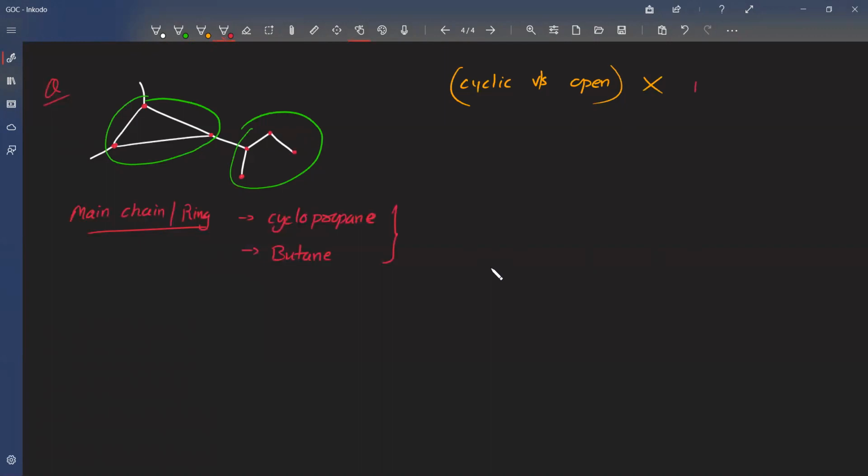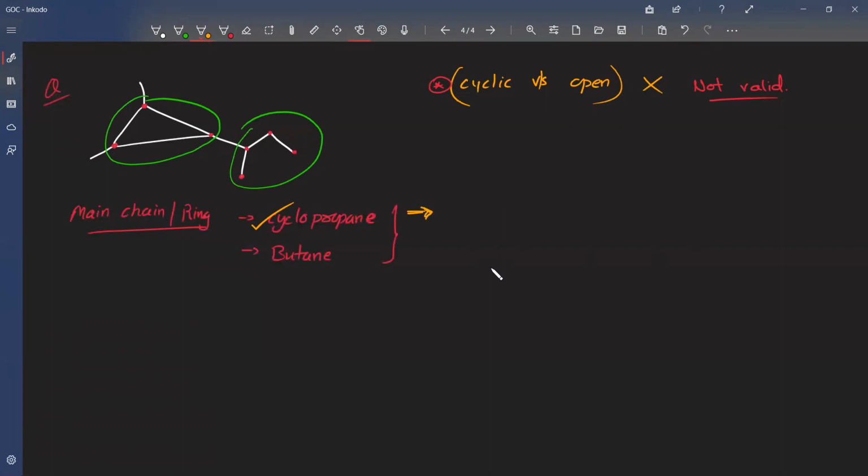This thing is not valid. That is one thing which you should understand. Still, in this case, cyclopropane will be the main ring, and the reason for this is the priorities which we have fixed.